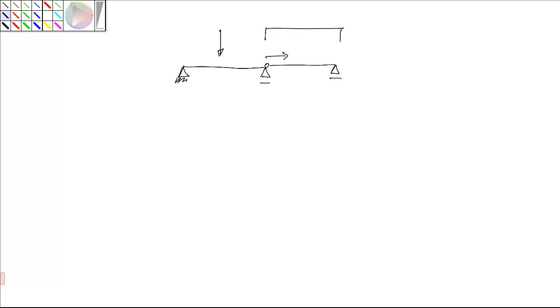So putting everything together, we have our beam here, you have a concentrated force here, another concentrated force here, a distributed force here, and then we have the reactions. 10 to the left here, this is 10, this is 10, this is 5, CY was 10, and BY was 15.